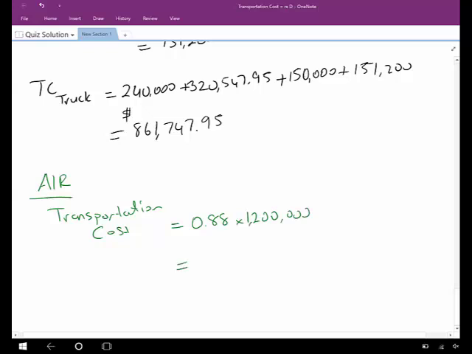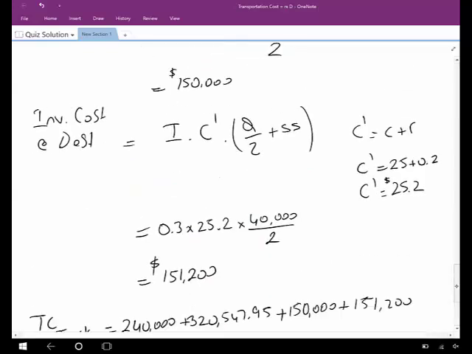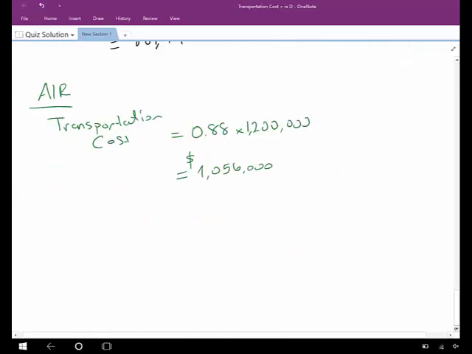That is equal to over $1 million transportation cost. At this point, I know that the truck is the cheapest option with about 860,000, but I'm going to complete the rest of the calculations to get the full consideration, so at least I have an idea between air and rail.